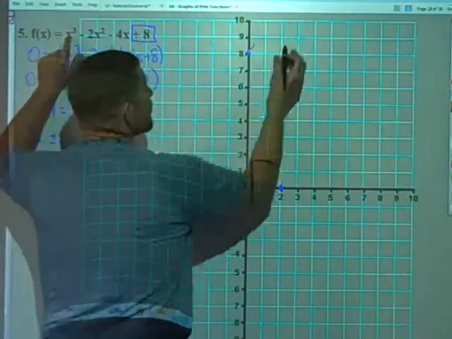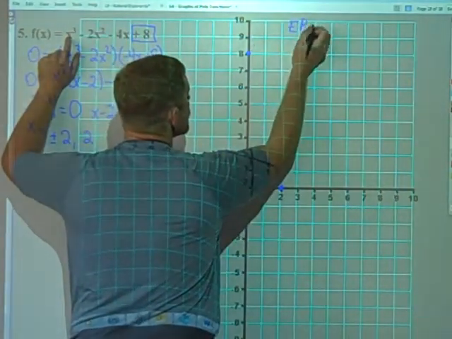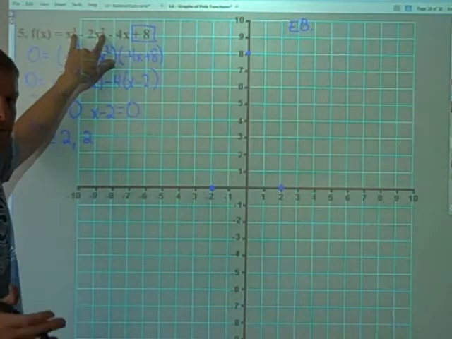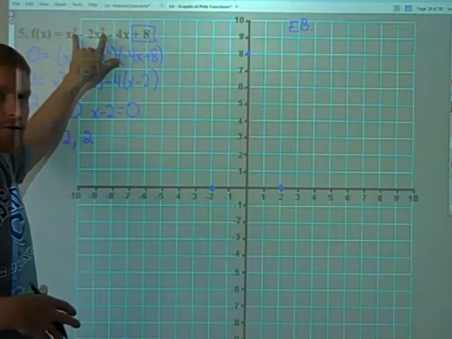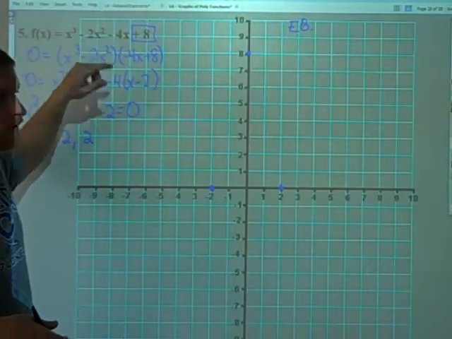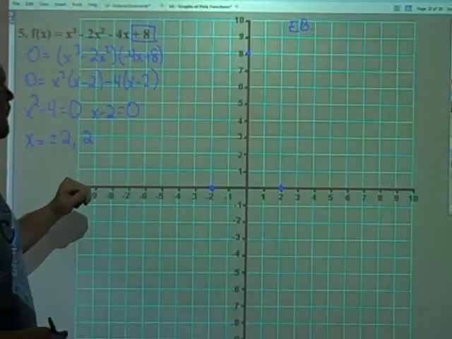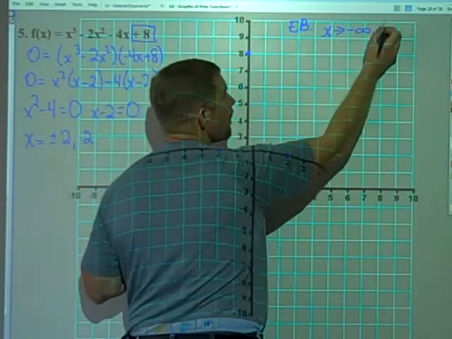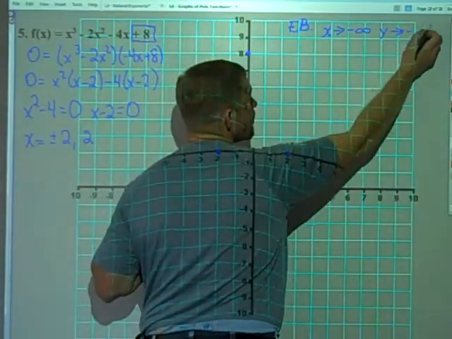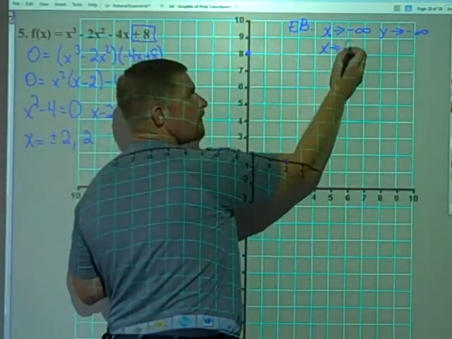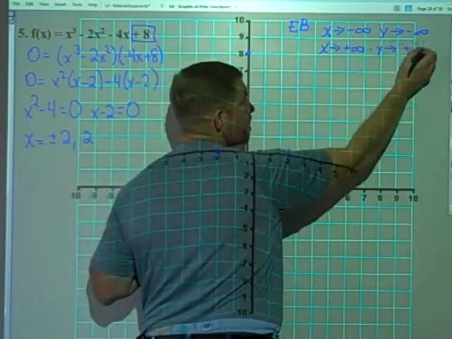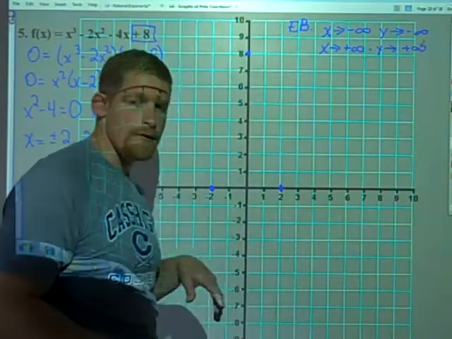We'll talk about the end behavior and symmetry. There is no symmetry because you don't have just odd exponents or even exponents, so it's going to be neither. The end behavior, as we've talked about before, in this case is y approaches negative infinity as x approaches negative infinity, and y approaches positive infinity as x approaches positive infinity.